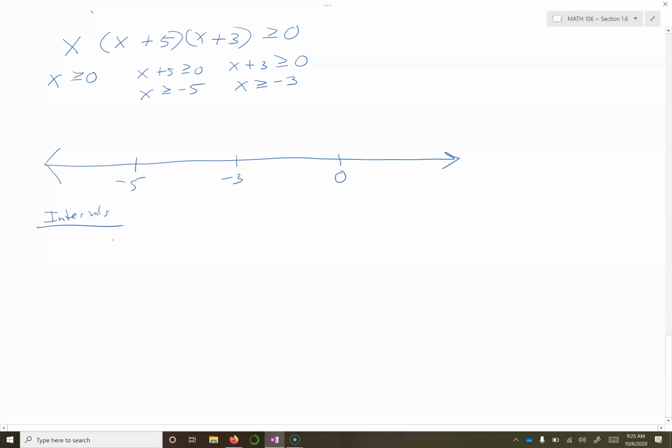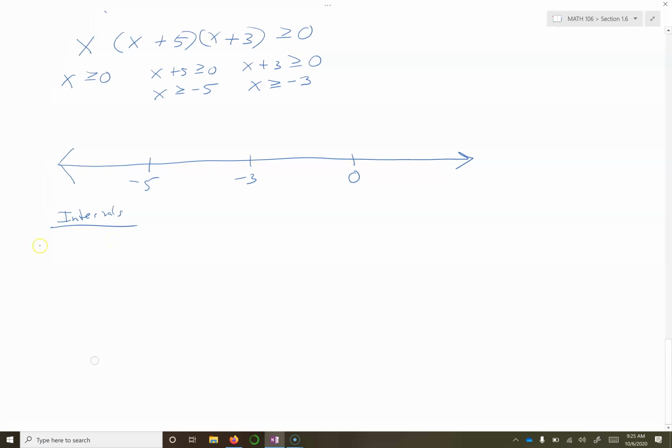Somebody give me the intervals. Anybody? Yes, go ahead. Beautiful. So we have 4 intervals now, which means we need 4 test values.